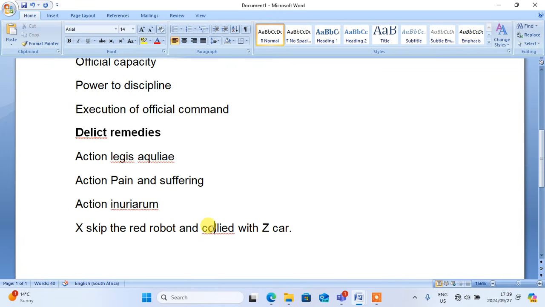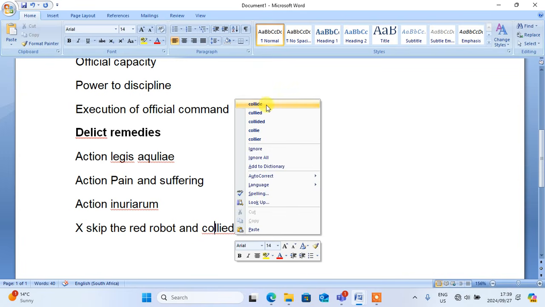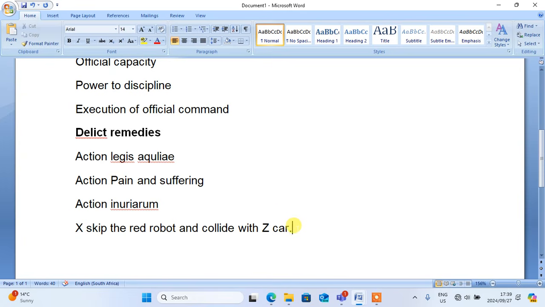Z's car is damaged, and Z wants to claim damages.